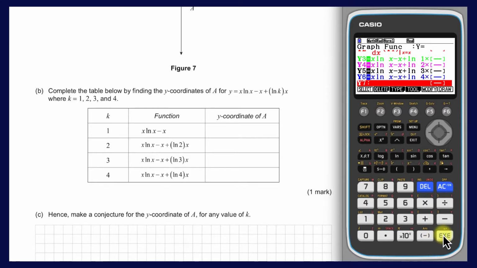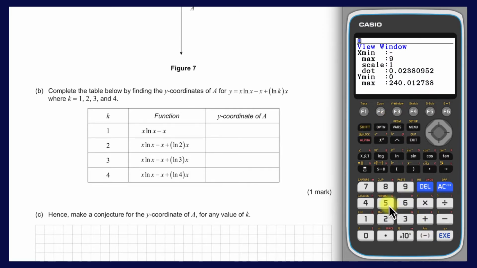Okay, now my view window is a little bit unclear here, so I'm going to have to make a bit of an educated guess. However, the function on the previous page graphed both x and y from roughly -5 to 5. So I'm going to start off with that view window.